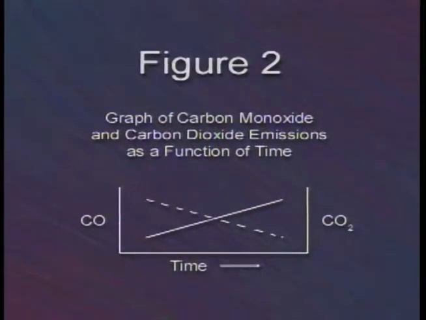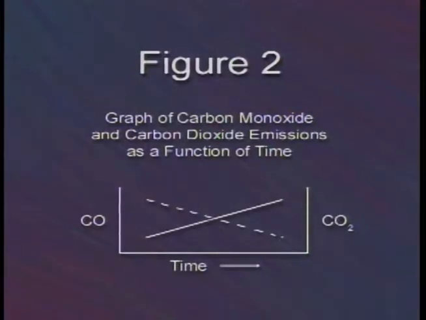For instance, the following graph displays the amount of carbon monoxide and carbon dioxide emissions as a function of time. The carbon monoxide scale is on the left side and is represented by a solid line. The carbon dioxide scale is on the right side and is represented by a dashed line.